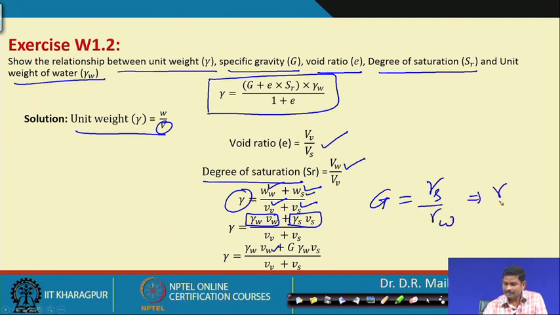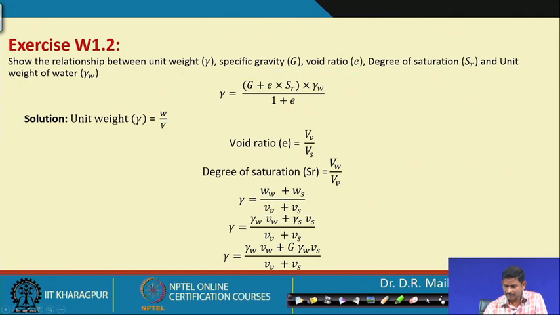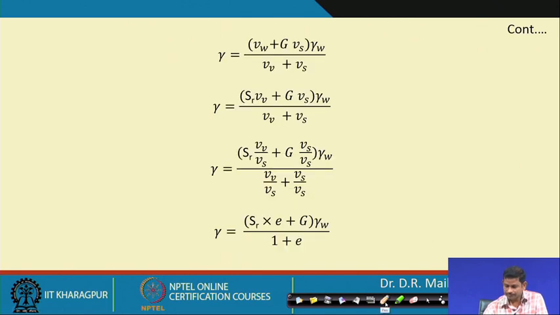So now rho_s is equal to G into rho_w. That is what you got here, G into rho_w for rho_s, and then V_s similarly. So here, V_w plus G into V_s. We took rho_w common on both sides.